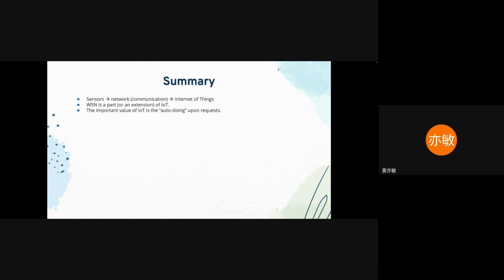So the value of the IoT is automatically doing things upon request. That's why some scientists try to study algorithms for the response that should be easy to run, and also should be short coding that we can put on each sensor.